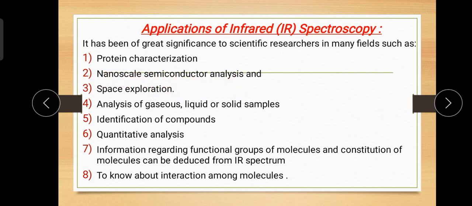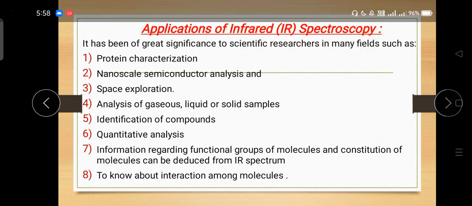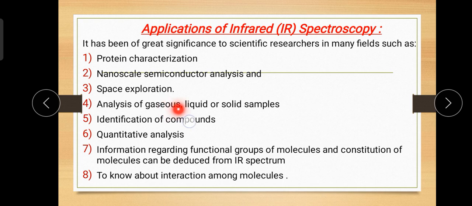That means if we have to analyze a semiconductor material which is of nano size, then we use IR spectroscopy. Again, space exploration. That means if we have to explore something in space, then we can use IR spectroscopy. The fourth one is the analysis of gaseous, liquid and solid samples.